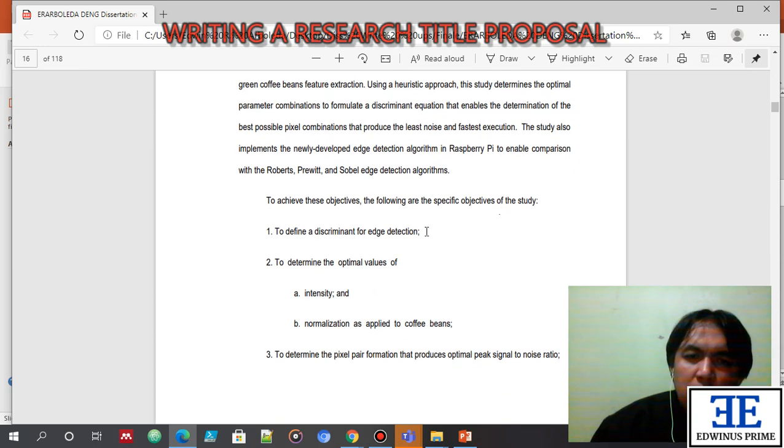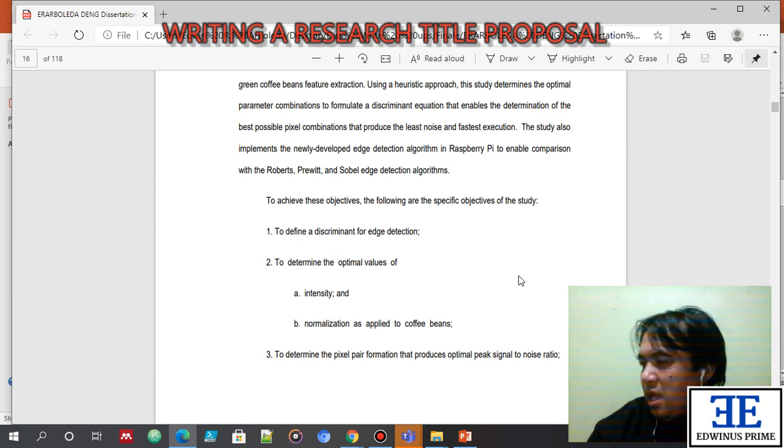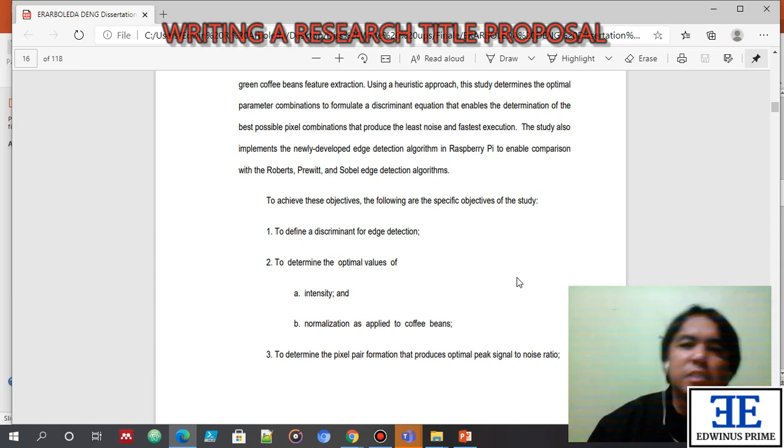Then you state the specific objectives. What are the specific objectives? The specific objectives are the other things that you want to accomplish as you perform your research.